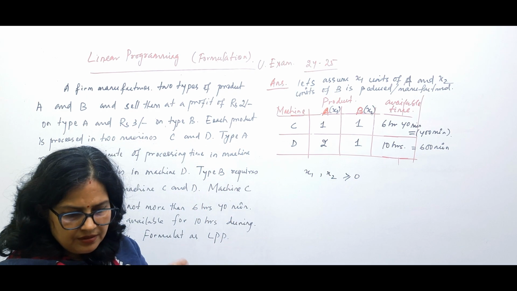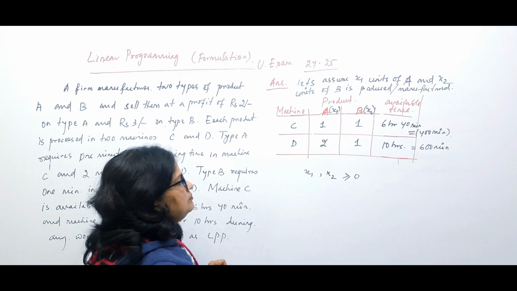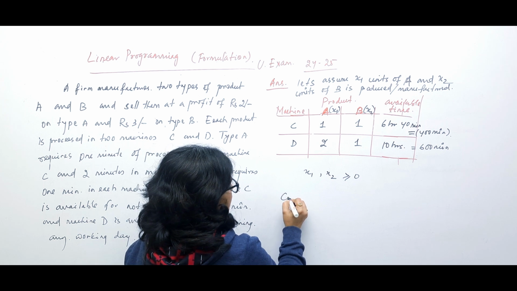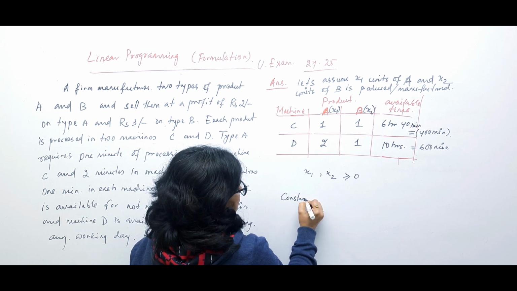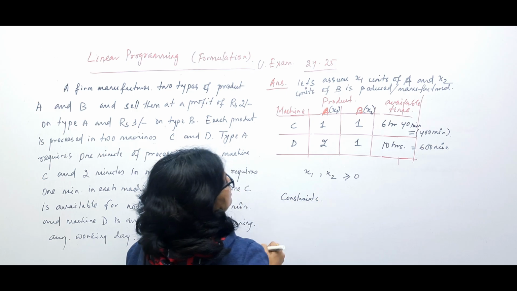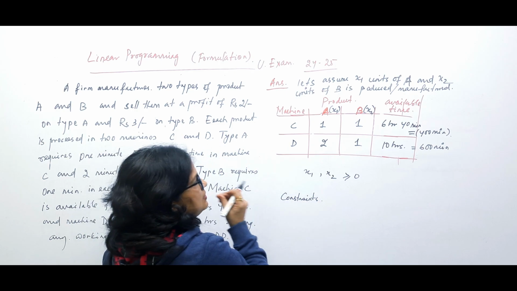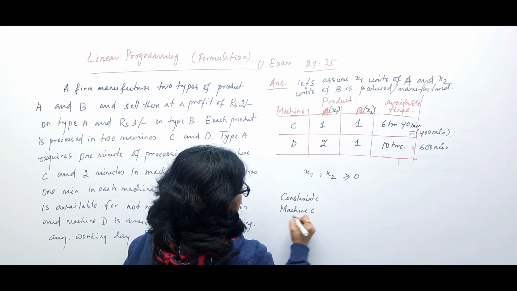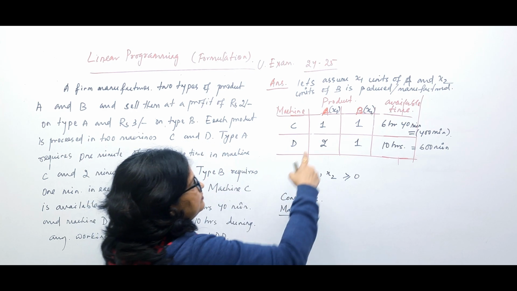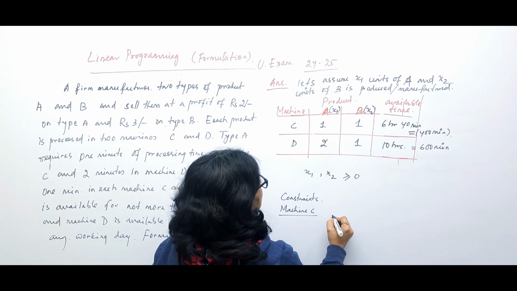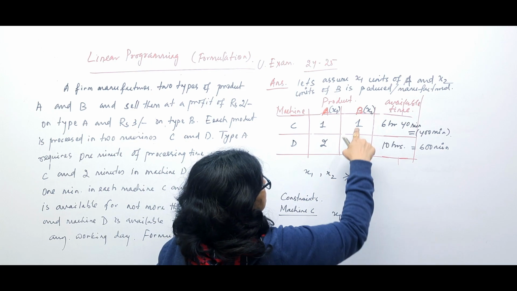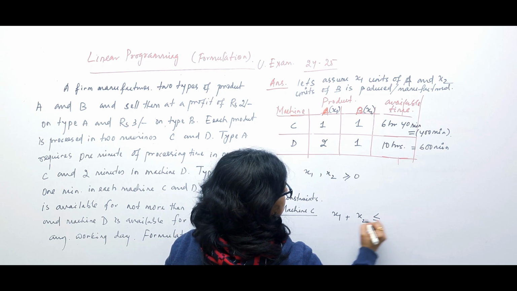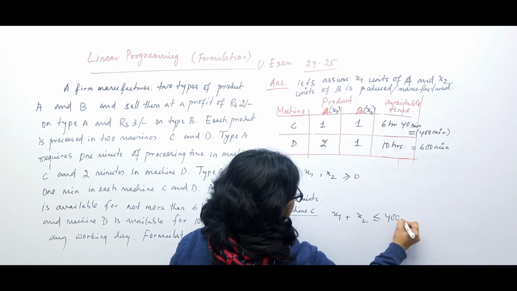So how are we going to write the constraints? For machine C: x1 plus x2 should be less than or equal to 400.